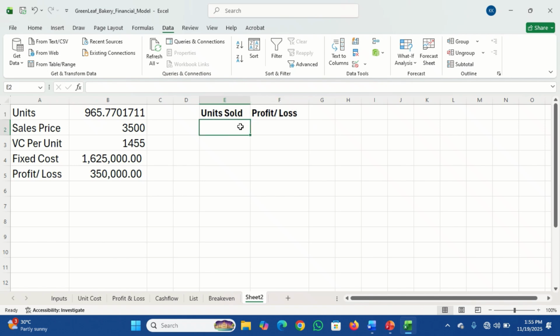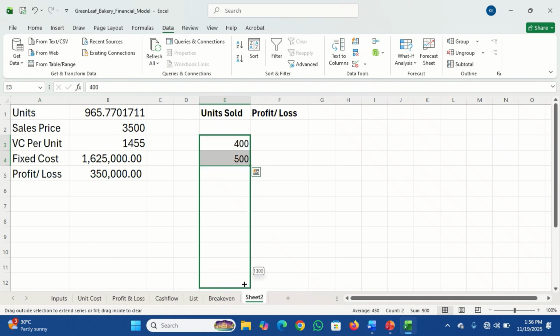Let's start with 500. We're going to create a kind of profit and loss zone and get at our break-even and see how it's going to work.